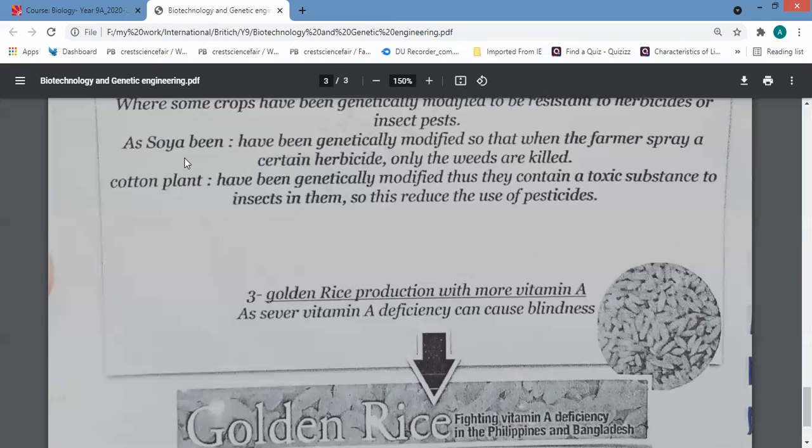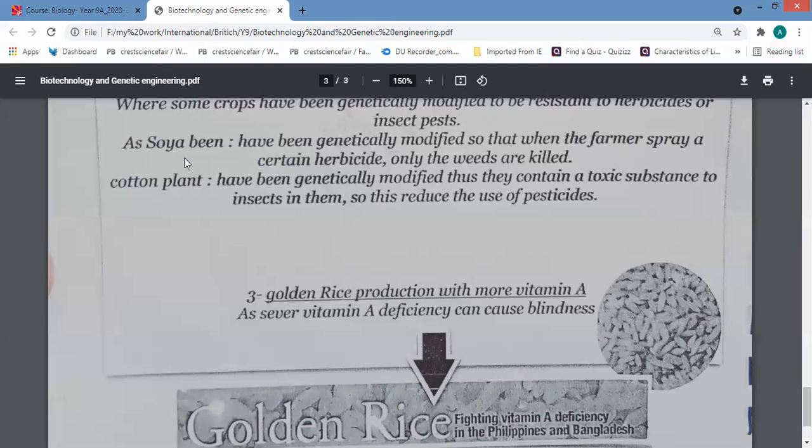But scientists found that after modifying soya bean by genetic engineering to resist the herbicide, just the weeds are killed when the farmers spray certain herbicides. The weeds of soya beans are killed.